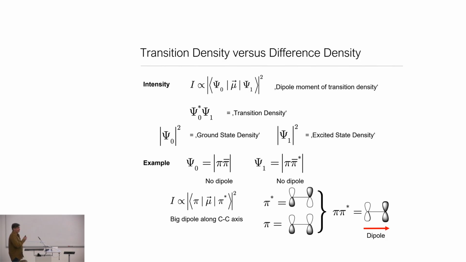I hope that this illustrates how a molecule that has no dipole moment can still have very large transition dipole moments in its electronic transitions. So you shouldn't confuse these two. It's very important to understand that.